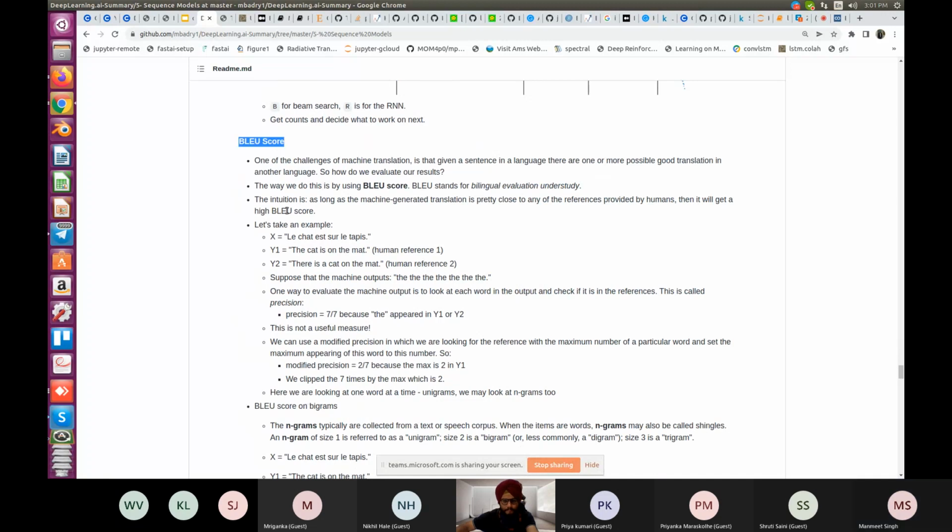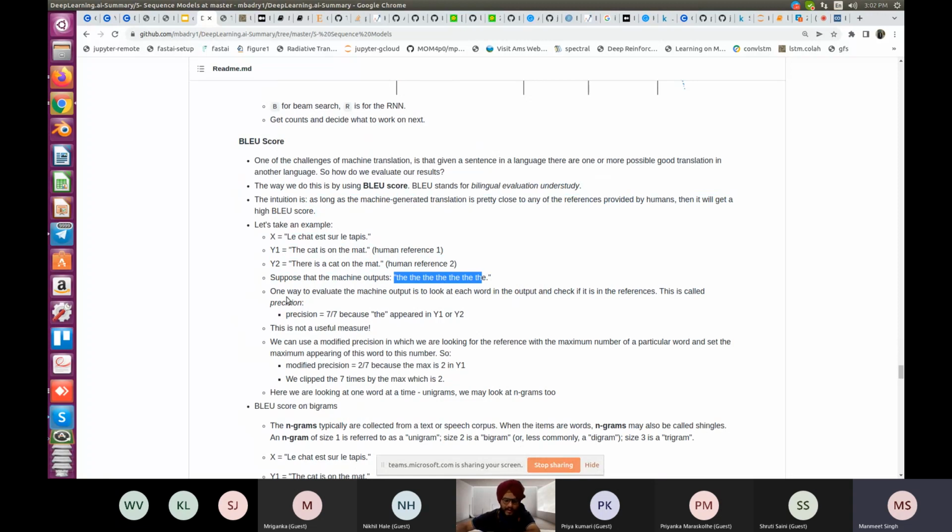The intuition is that as long as the machine generated translation is pretty close to any of the references provided by humans, it will get a high BLEU score. Now suppose you have this as an input in French and you have human translation 1 and human translation 2, and let's say your model is outputting this sequence, the.